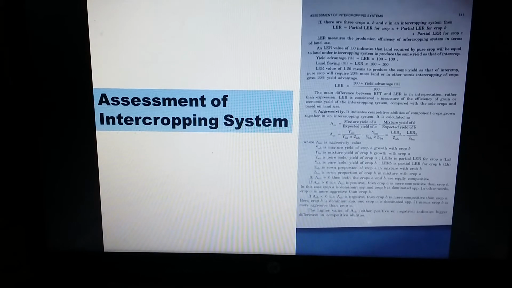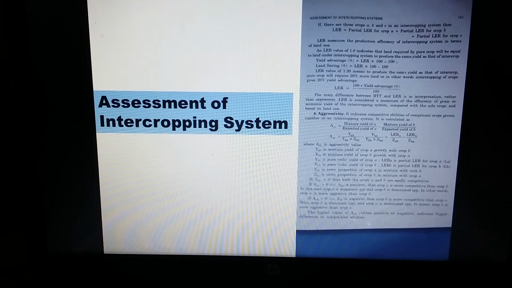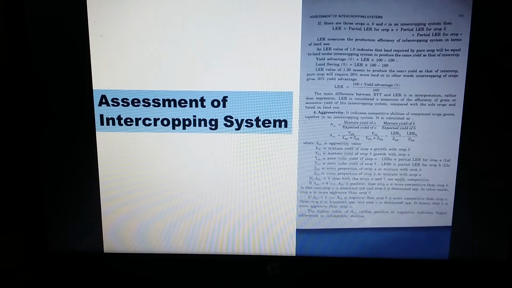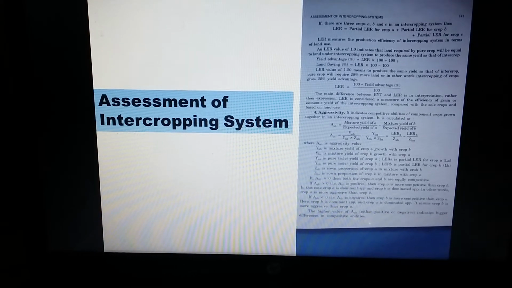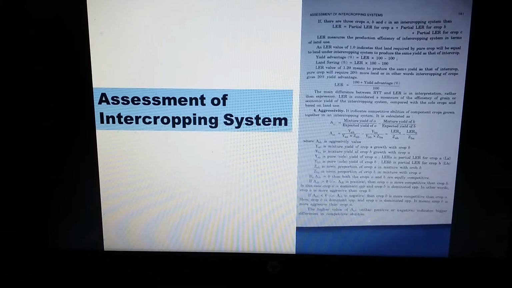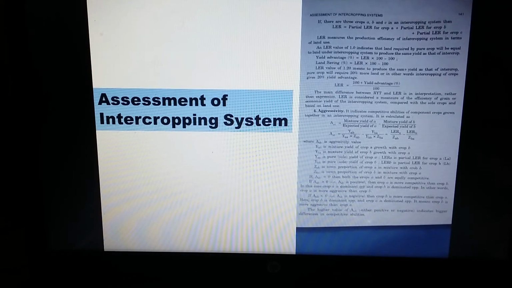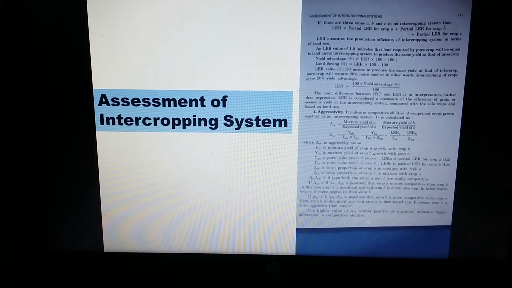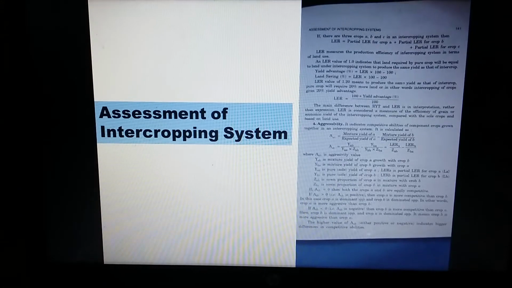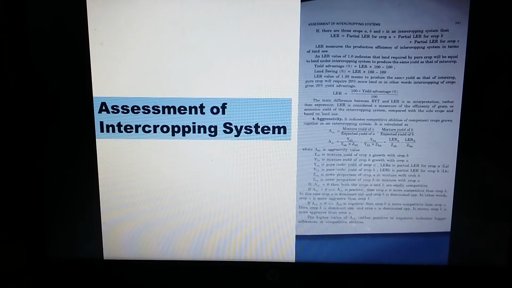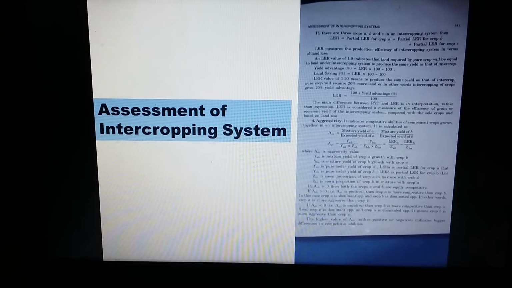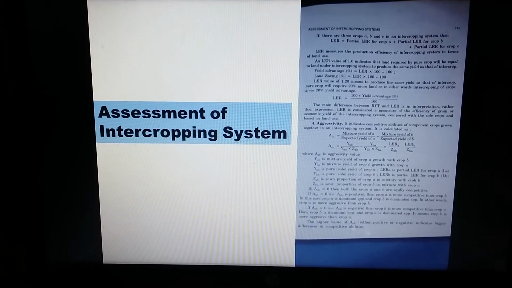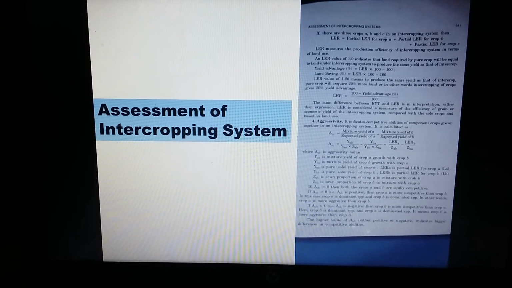Aggressivity indicates the competitive ability of the component crops grown together in an intercropping system, and it is calculated as A equal to mixture crop yield of A divided by expected yield of A minus mixture crop yield of B divided by expected yield of B. So aggressivity equals YAB divided by YAA into ZAB minus YBA divided by YBB into ZBA.